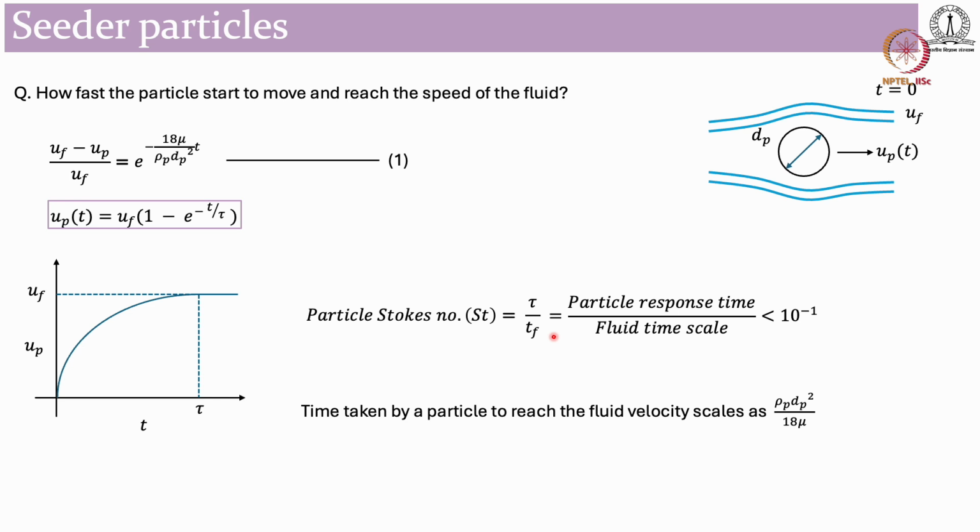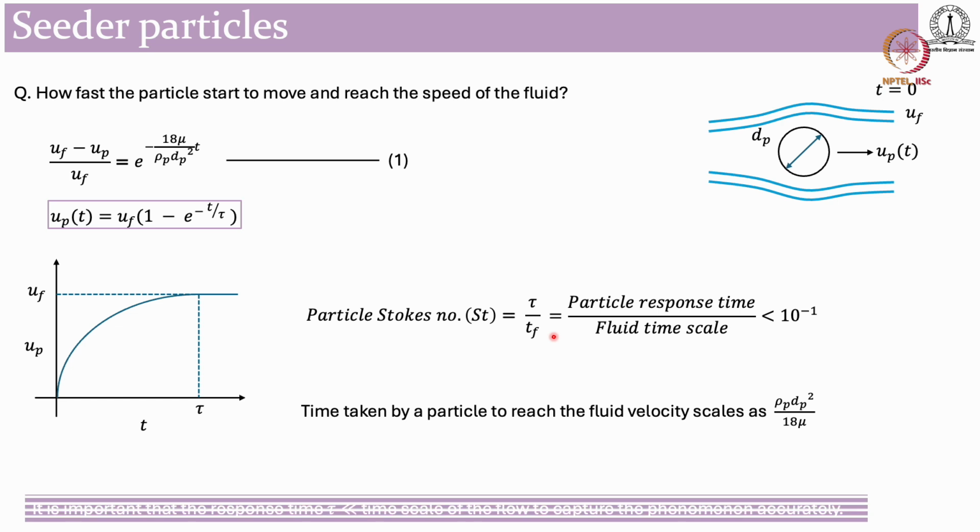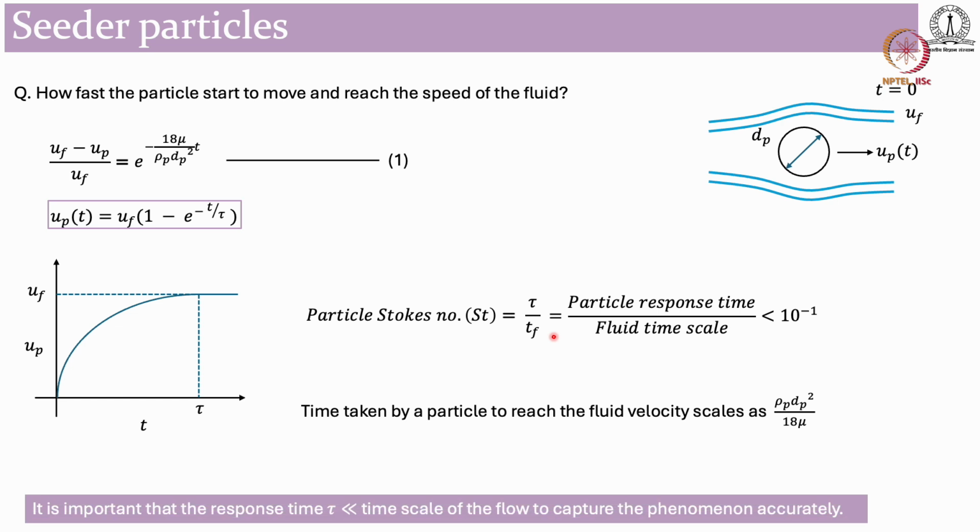You won't be able to capture that phenomenon. So if you know the approximate fluid time scale, then you can choose a particle response time that is much lower than your fluid time scale, right? And in general, if it is less than 0.1, then that is actually acceptable.